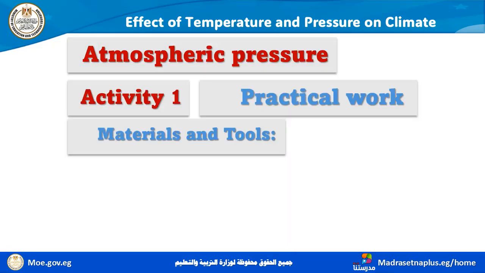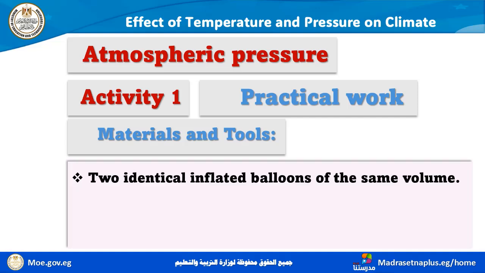To learn about the atmospheric pressure, we will start by doing this activity 1. And now we are going to recognize our materials and tools for this activity: 2 identical inflated balloons of the same volume, a rod, and a pin.